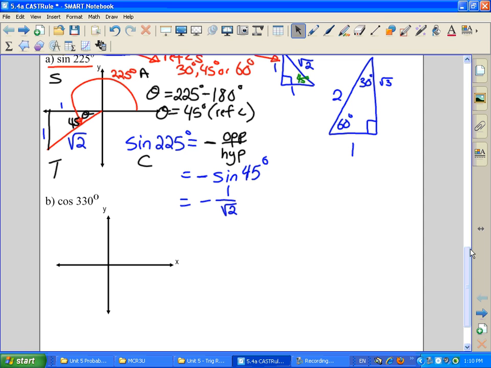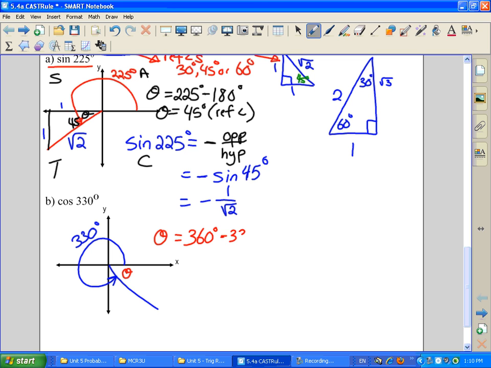Cos of 330. So first of all, let's draw 330 degrees. So from here, we go all the way around to here. Put an arrow. Okay, we know that's 330 degrees. We want to find our reference angle. So theta. Okay. So taking a look at that, folks, theta, which is our reference angle, equals 360 degrees.